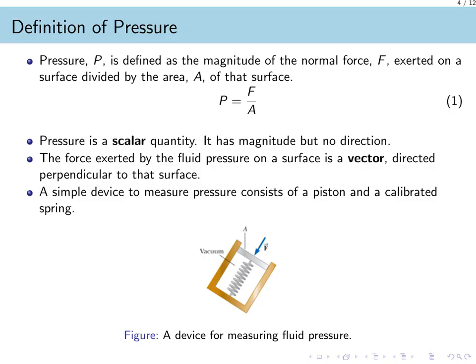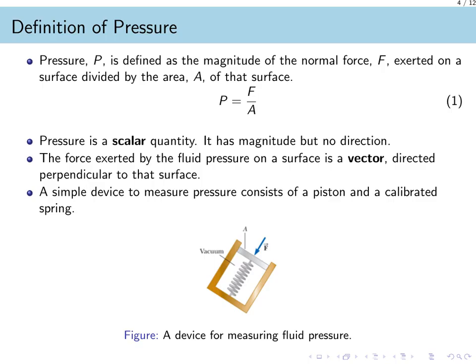Pressure itself is a scalar quantity. This means it has only a magnitude, like temperature or mass, and no direction associated with it. However, the force that this pressure exerts on any surface is a vector. As we saw with the submerged object, this force is always directed perpendicular to that surface.